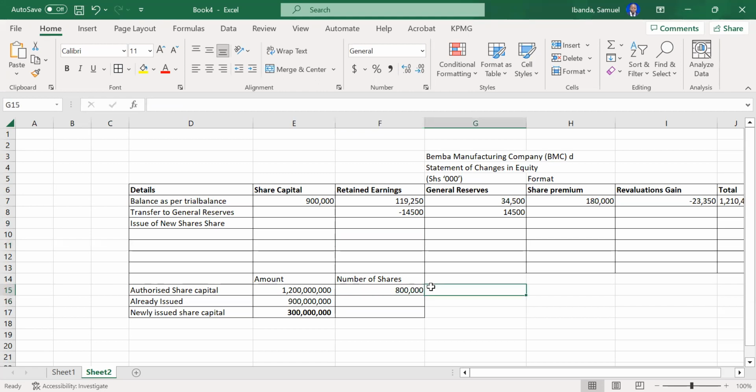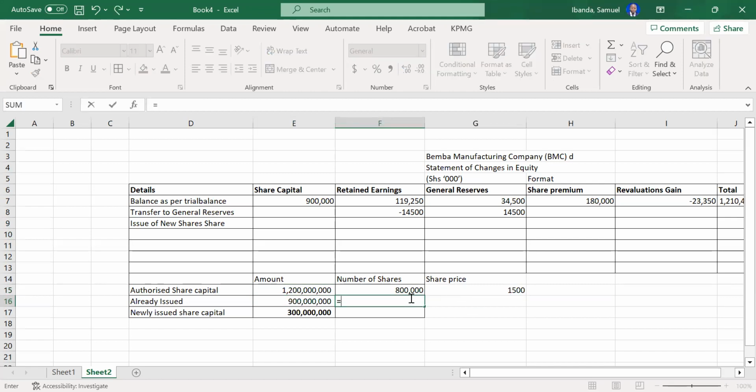Remember, there is a share price of 1,500. So when you multiply 800 by 1,500, you come to 1.2. If we are to determine the number of shares that already exist as per our trial balance, we shall get this 900 divided by 1,500. So the shares that are yet to be issued are the 800 minus the 600, which gives us 200,000 shares.